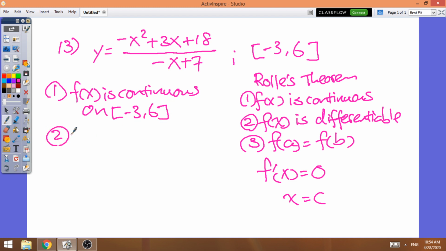And another thing that I want to check is whether f of x is differentiable. So let's check that using the quotient rule.